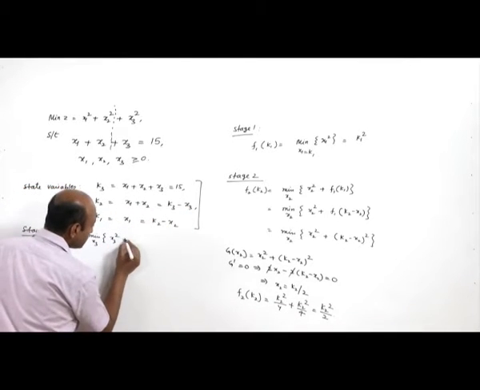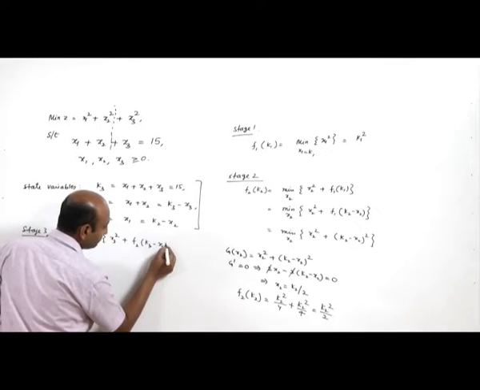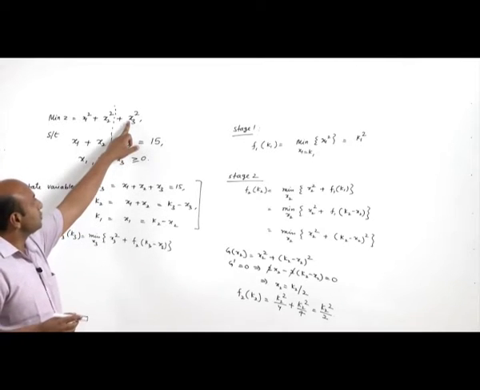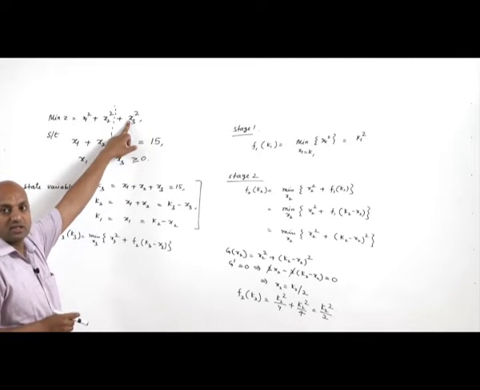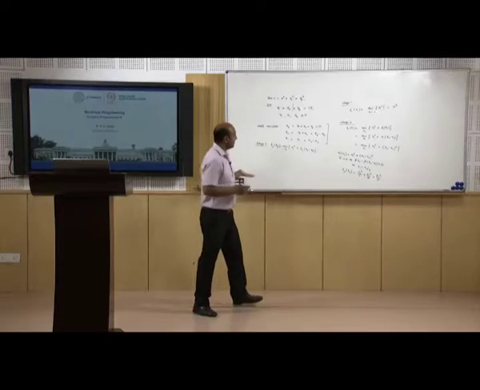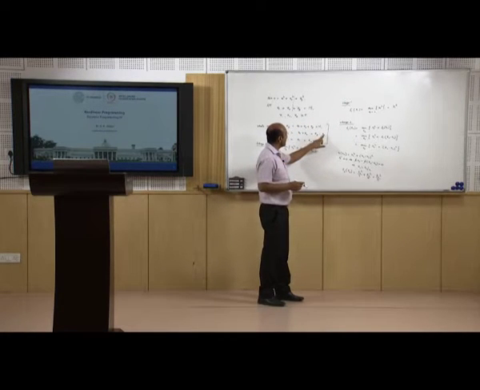So, it is plus f2 of (k3 minus x3), because this objective function is x3 square plus whatever we obtained in the previous stage, f2(k2), and k2 is k3 minus x3.